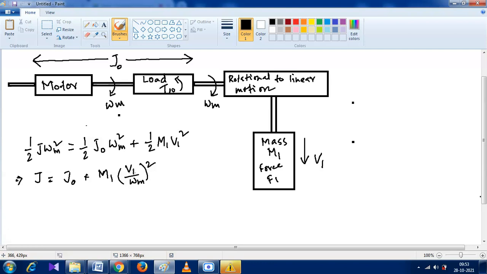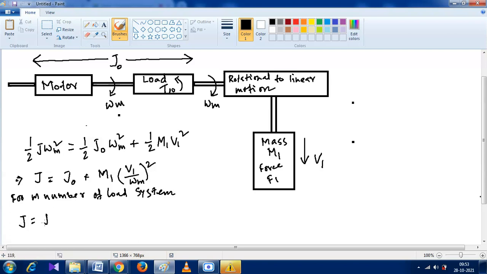If there is m number of systems, what is the equation for m number of systems? What should be the equation?